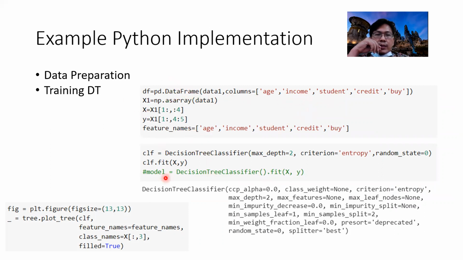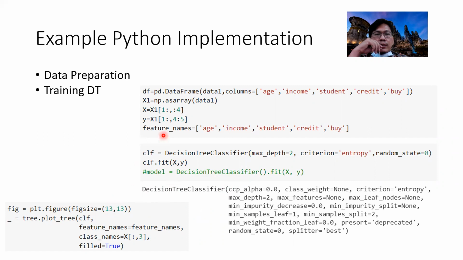And then we train the decision tree with maximum depth 2, for example, criterion entropy, and so on. You can see in the manual of the decision tree classifier on the scikit-learn site. And we can also plot the figure.